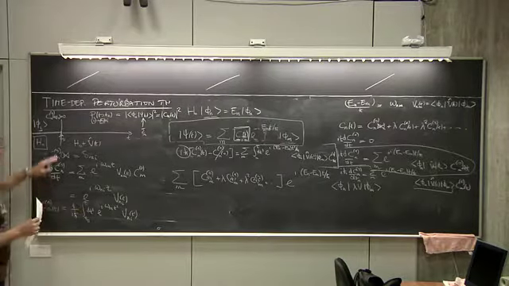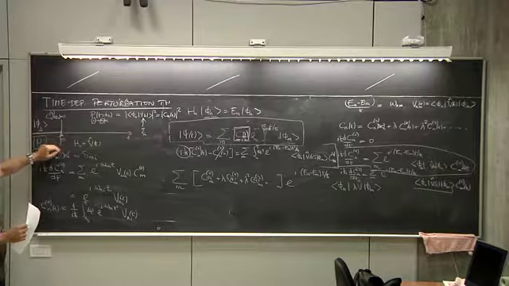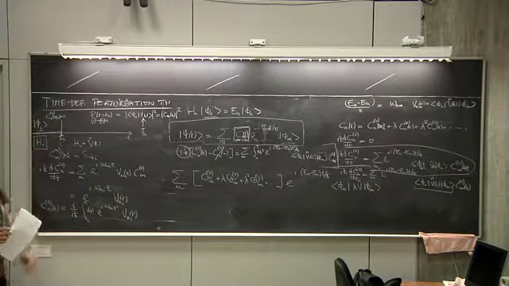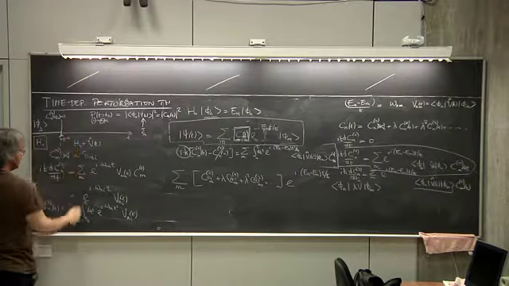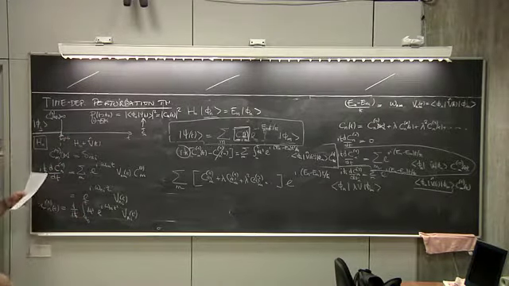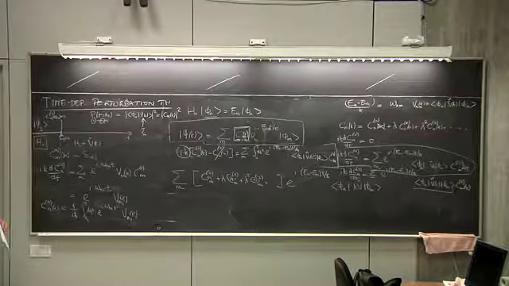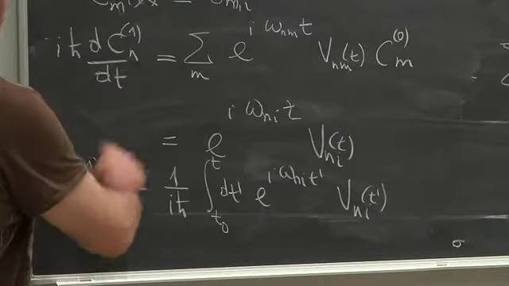From t0 to t. So in general, I call t0 the time at which I turn on the perturbation. I could take this to be 0, and then it would be from 0 to t. Maybe this is a better thing. Okay. So what is the probability now? The probability is the modulo square of this.